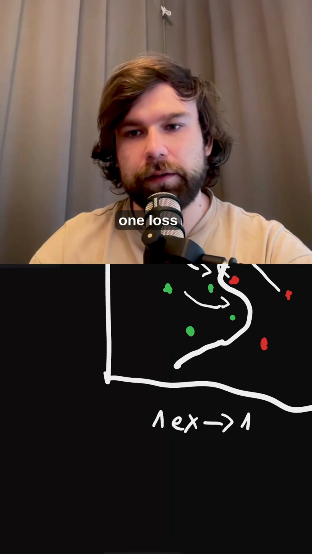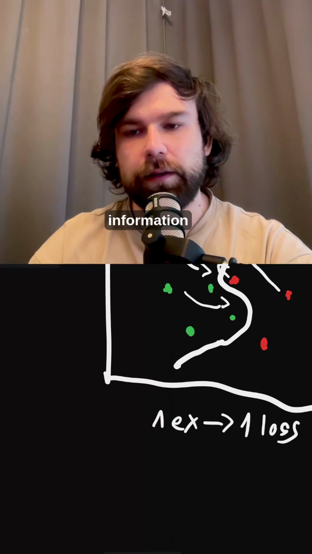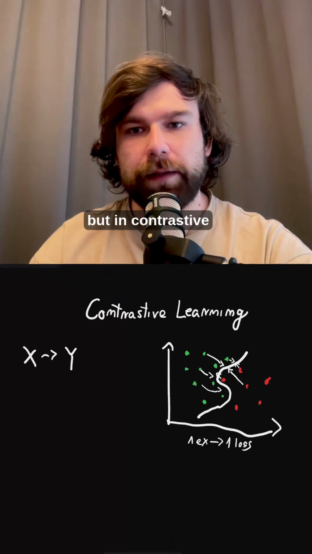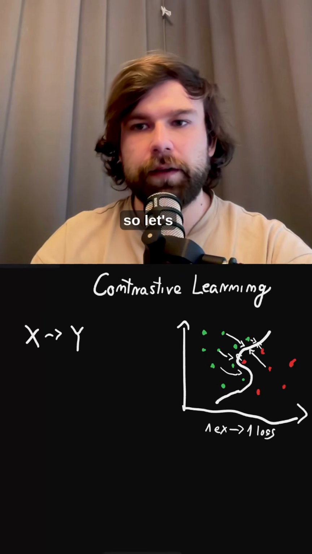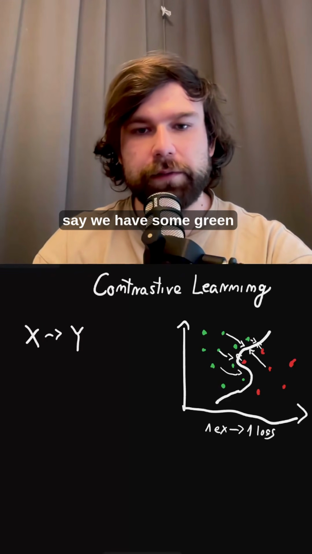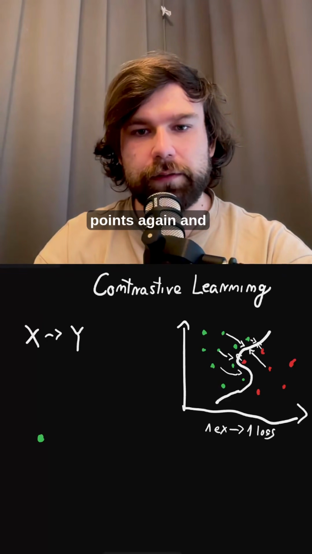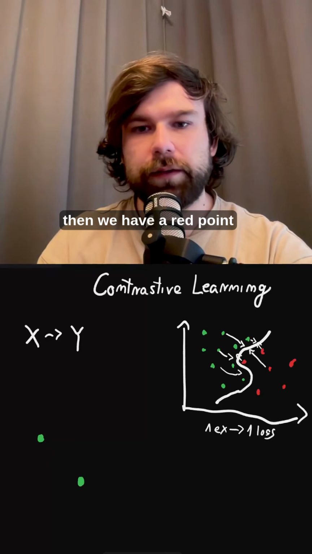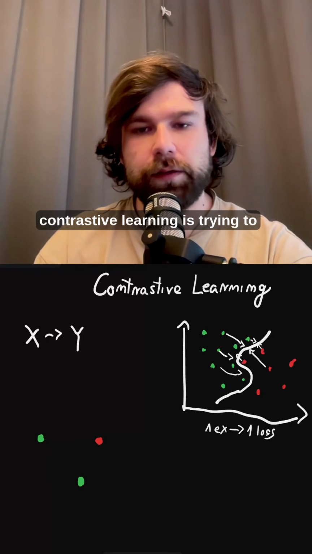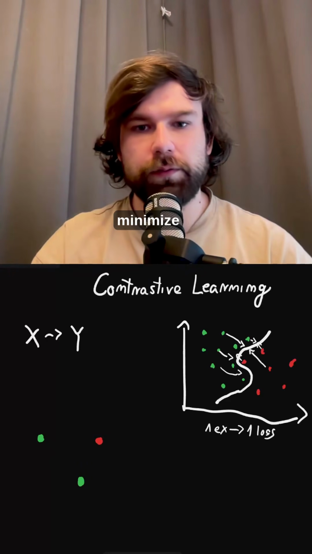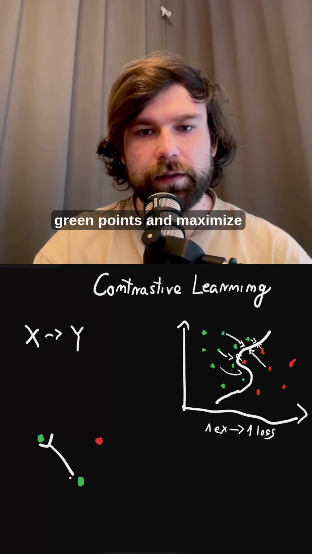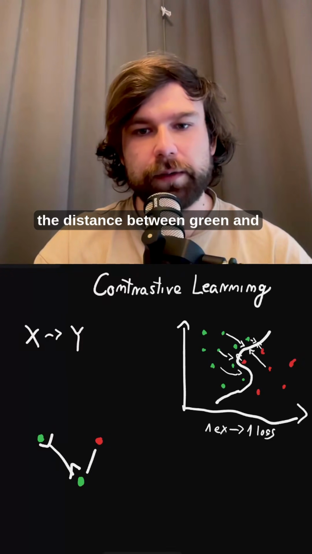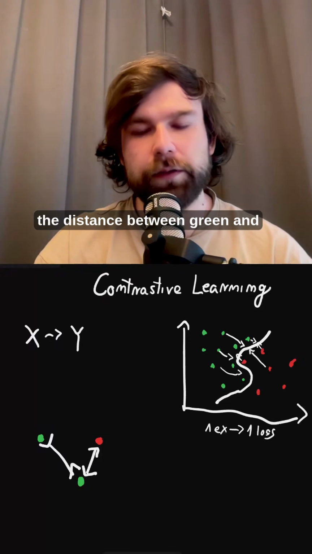is one loss information. But in contrastive learning, we treat this problem differently. So let's say we have some green points again, and then we have a red point. So contrastive learning is trying to minimize the distance between the green points and maximize the distance between green and red points.